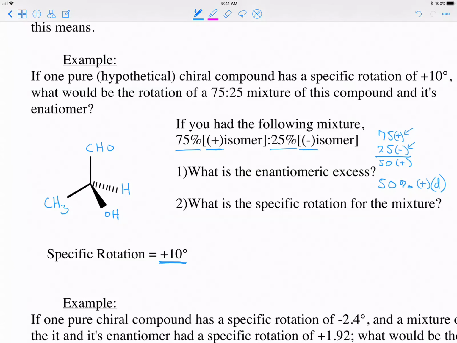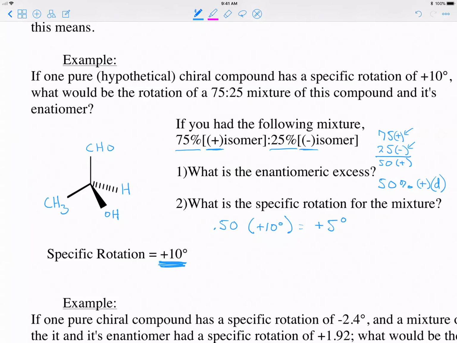Now, if I know that 100% of this plus isomer rotates light plus 10 degrees, then 50%, or I could say 0.5 times plus 10 degrees, would be plus 5 degrees. Again, the plus and minus are not math operations.